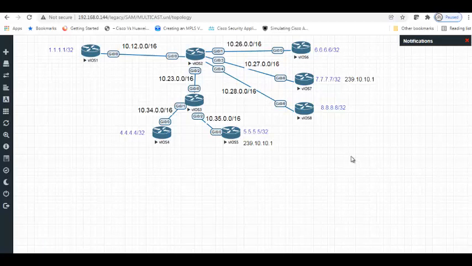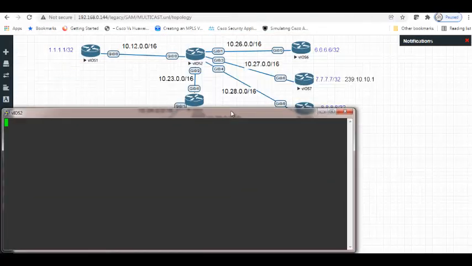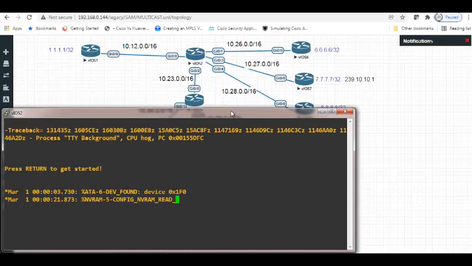Let's go one more time and check the dense mode before we go and configure the sparse mode, so that we will get a better picture.